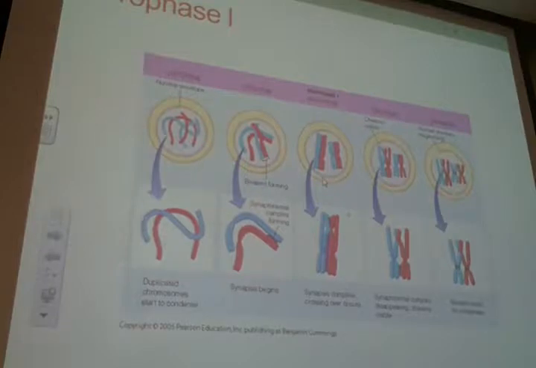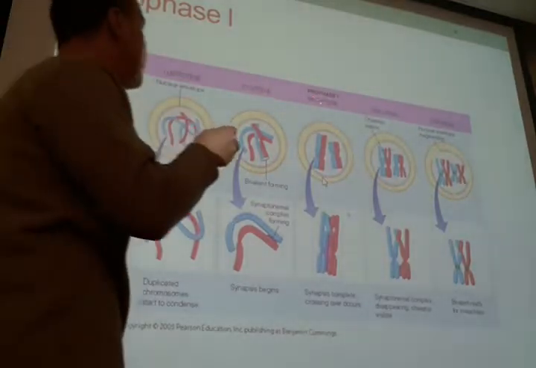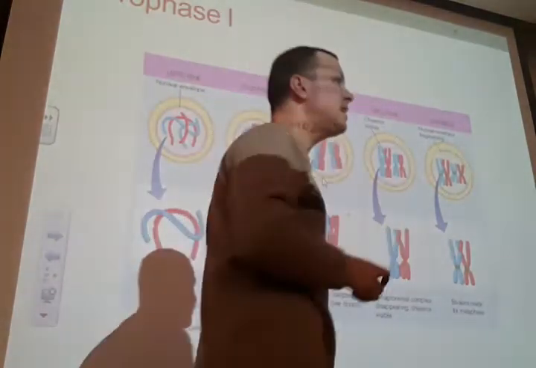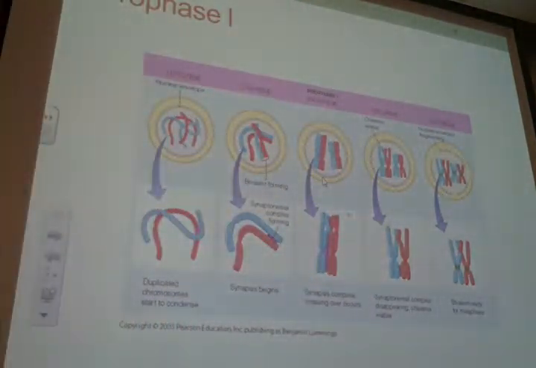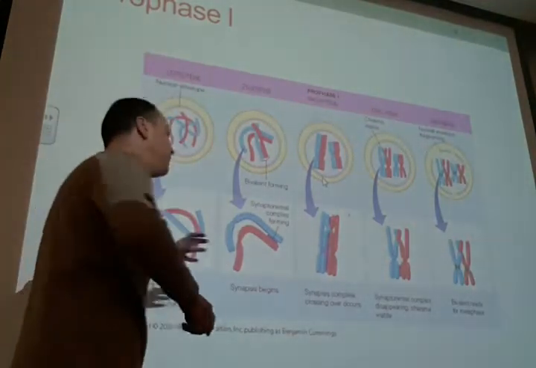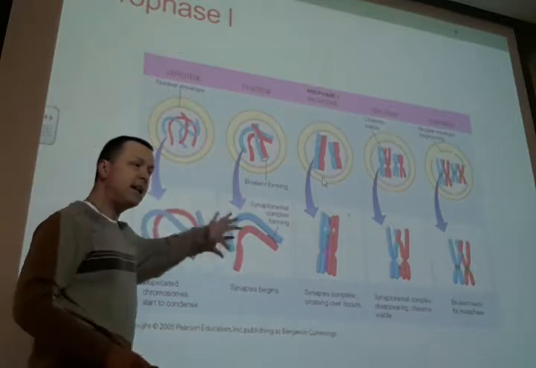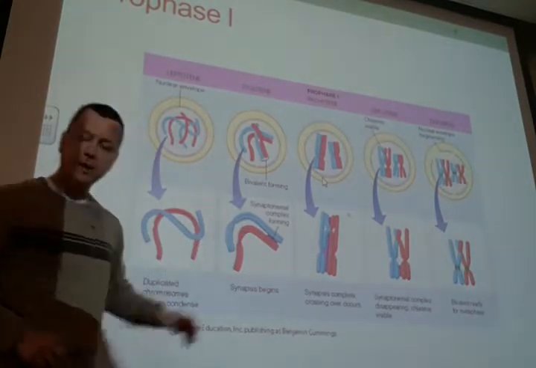So much so that we subdivide prophase 1 into these 5 stages: leptotene, zygotene, pachytene, diplotene, and diakinesis. This is a majorly different phenomenon for meiosis than it was in mitosis, in that a lot of extra stuff happens, and that's what we're going to look at here.